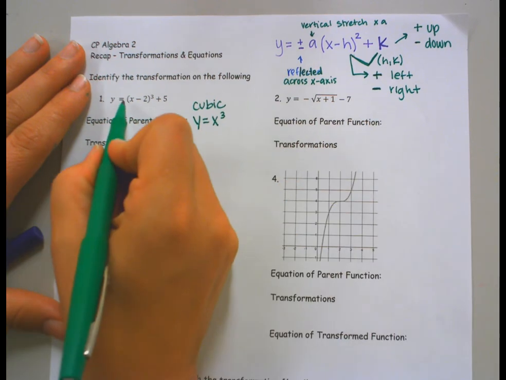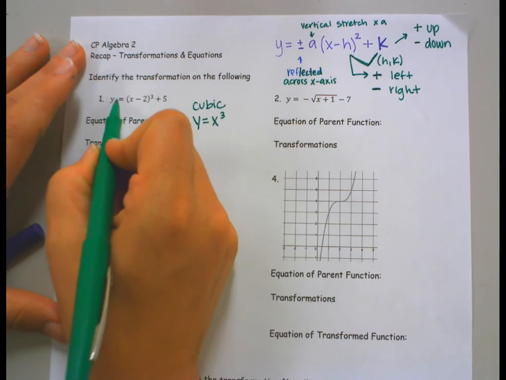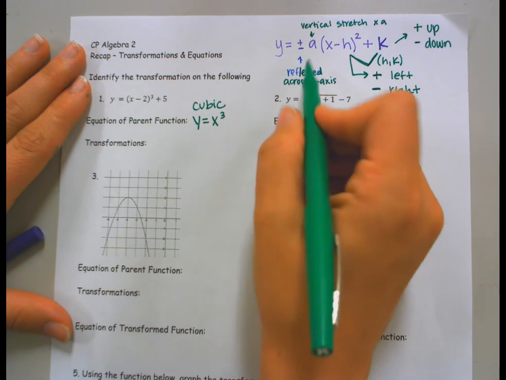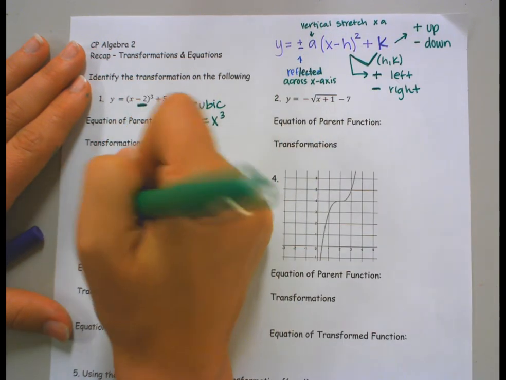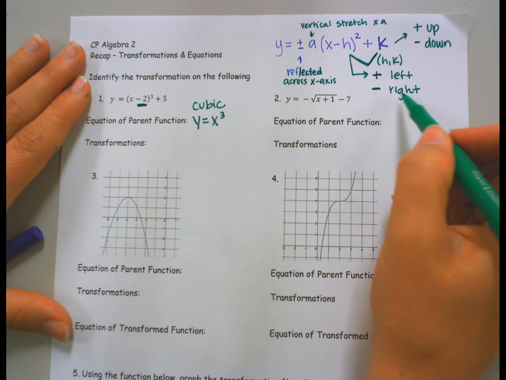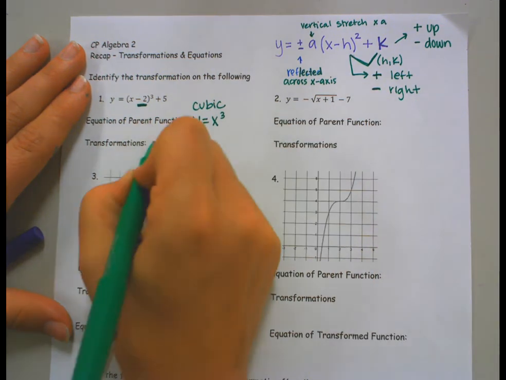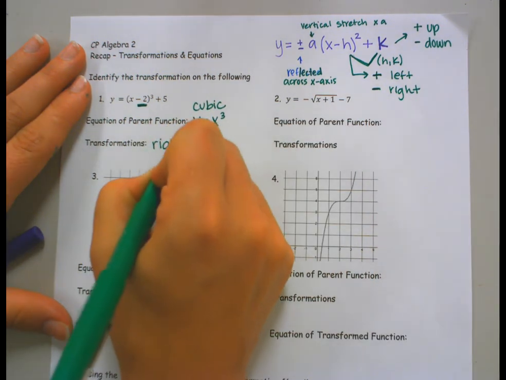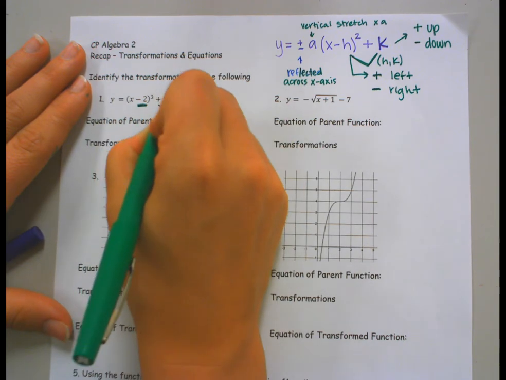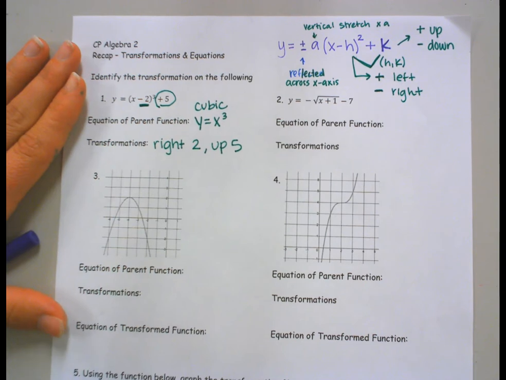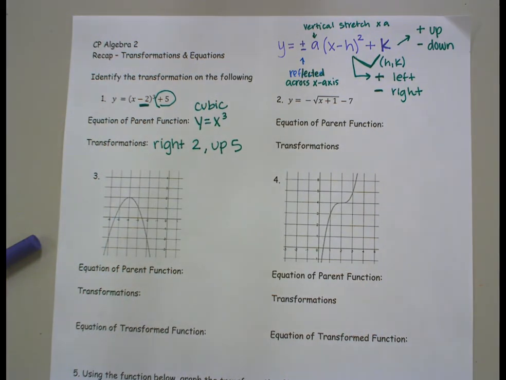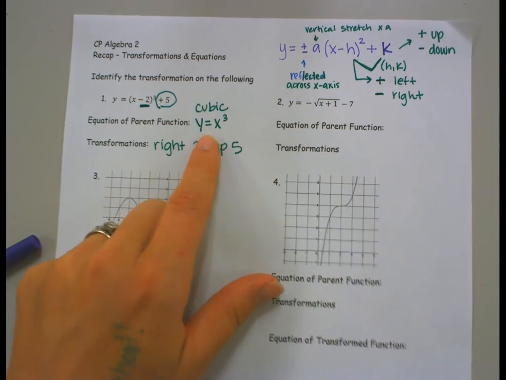There's no negative in front, there's no value in front, so there was no reflection or vertical stretch. This minus 2 means I went to the right 2. And this plus 5 means I went up 5. So those are the two transformations that took place on our original parent function.